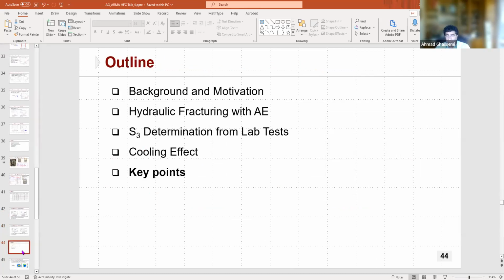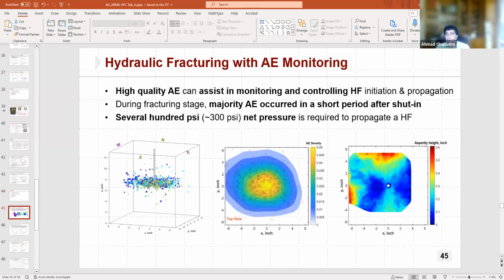So the key points that we would like to emphasize based on our work to date. High quality AE monitoring can assist in controlling hydraulic fracture initiation and propagation. It may be stating the obvious, but implementation is not easy. We've been able to do that with a fairly high level of success.